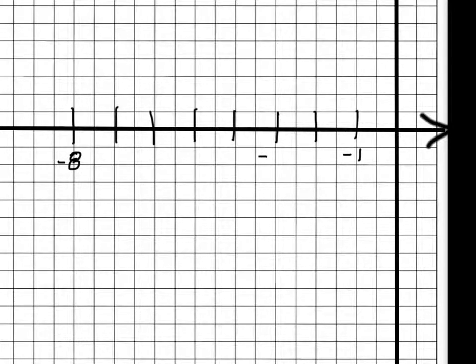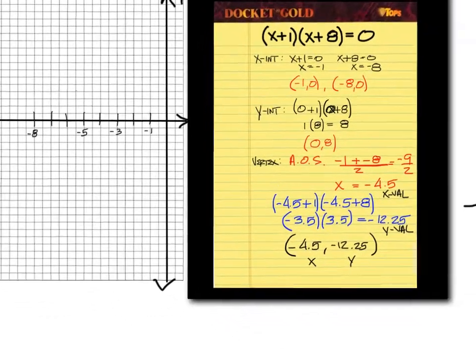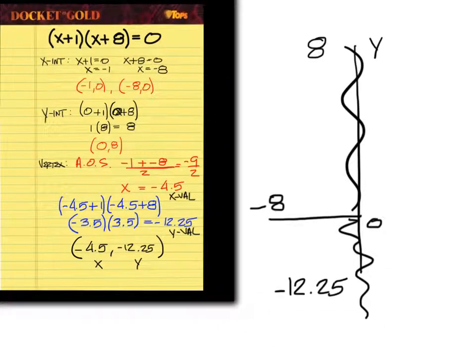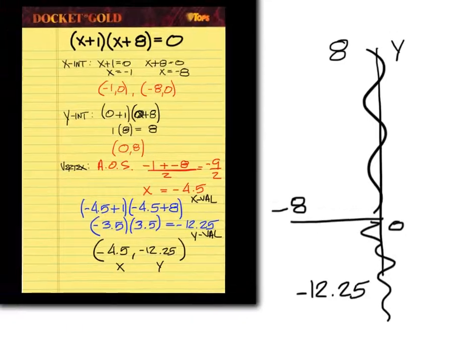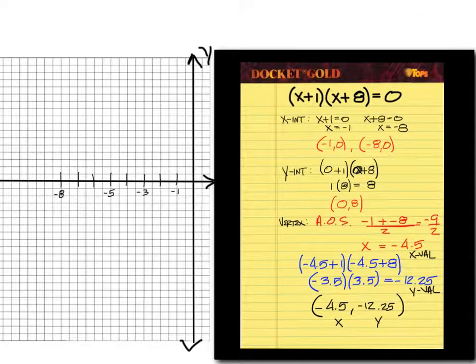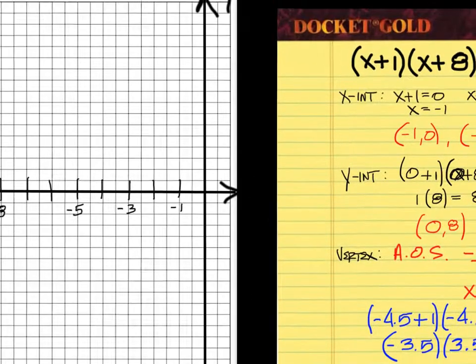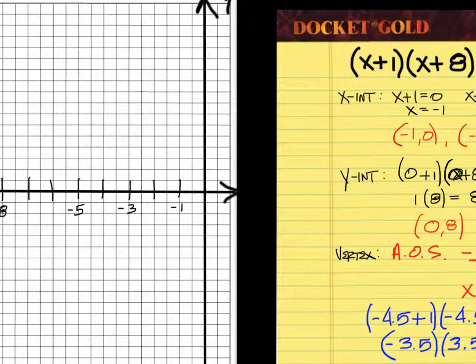Negative 1, negative 3, negative 5, and so on. Now for our y values, we have to go up 8 and down negative 12.25. So we're probably better off just leaving it the way it is. If we try to go by 2's going up with what we have now, it's just not going to work out.